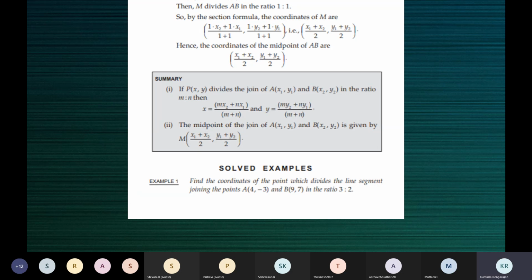That is, from A to P it is 3 parts. From P to B, it is 2 parts.